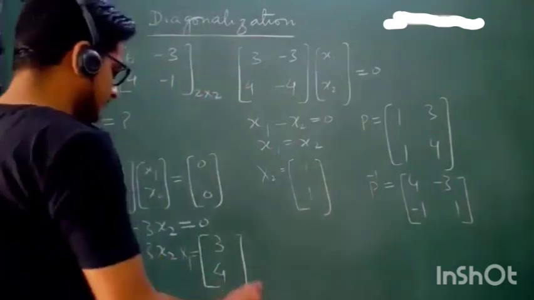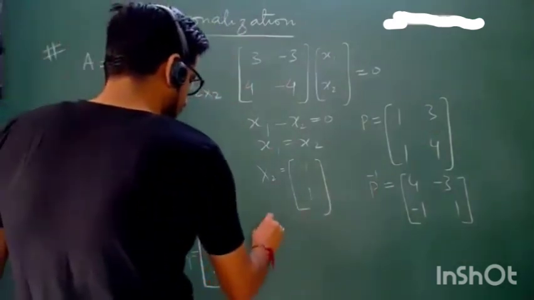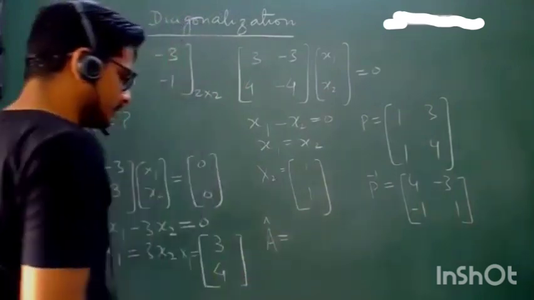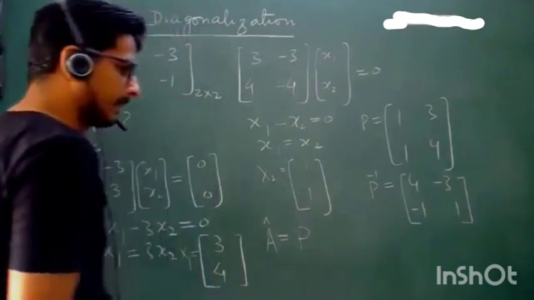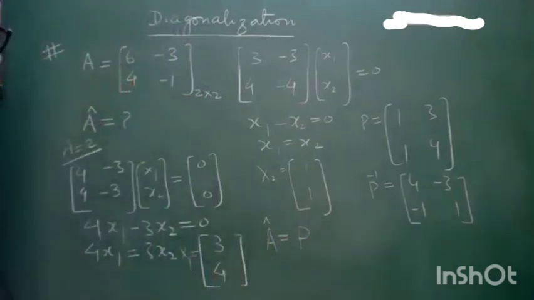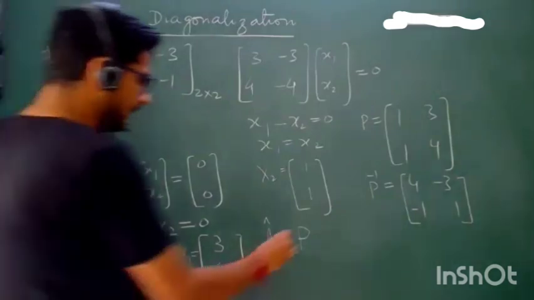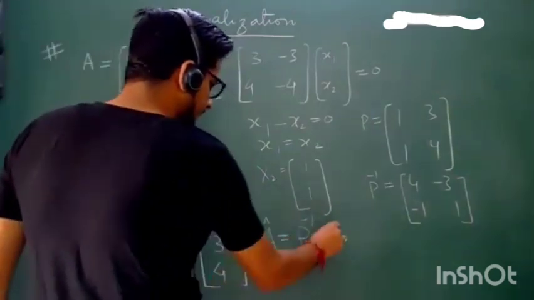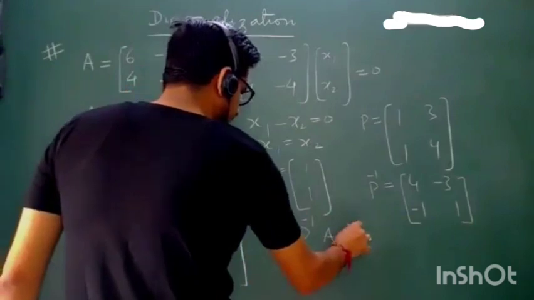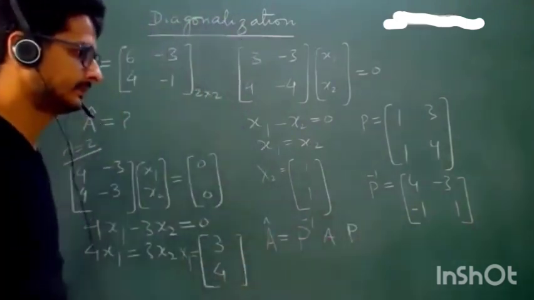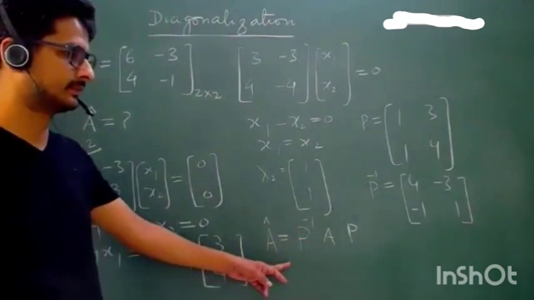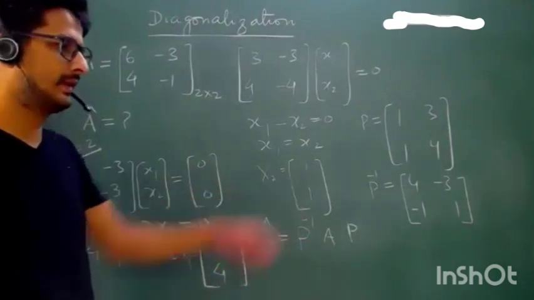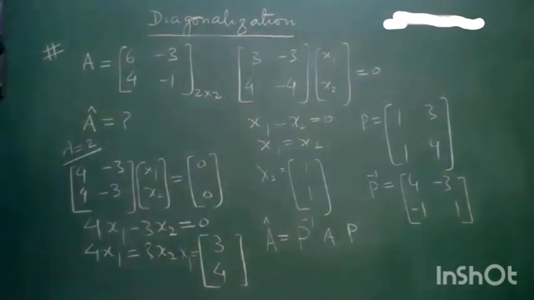And now let us write the similarity transformation. A cap is equal to, what will I write? P inverse A P. This is the definition, no? Quickly write it and let us multiply it.